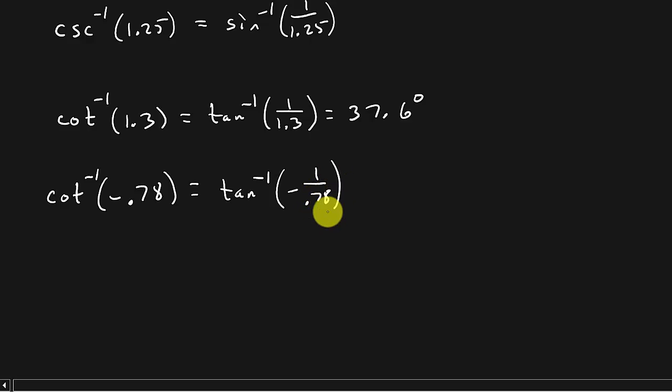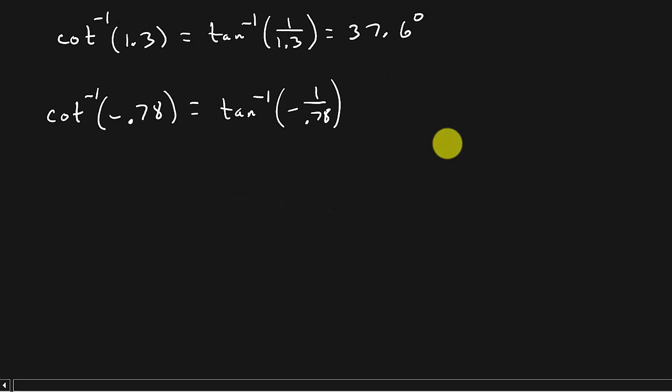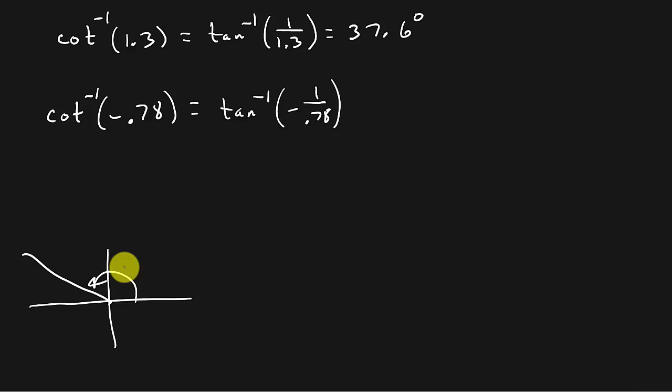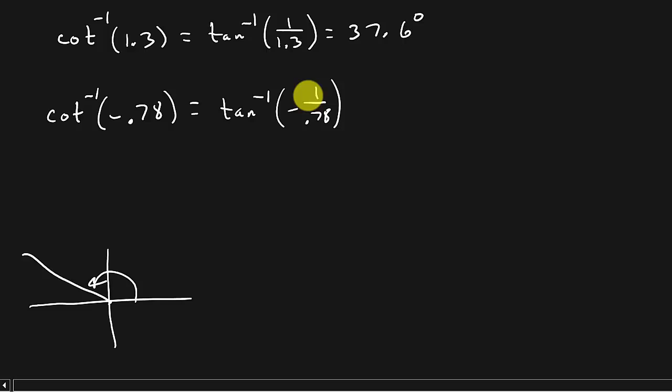Okay, so now I know, because I'm doing the inverse cotangent of a negative number, I know I'm in the second quadrant, because remember, cotangent is between 0 and pi, like cosine. So I'm going to do the inverse tangent of positive 1 divided by 0.78.